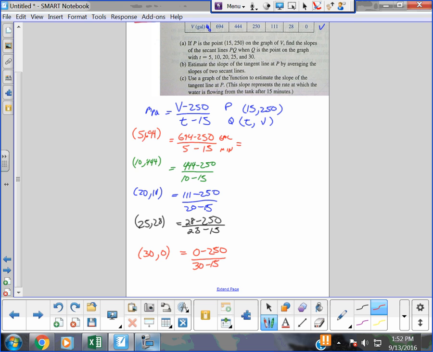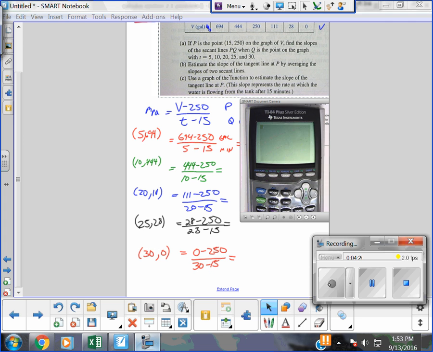And now what I should be able to do for all of these values is just grab my calculator and do some calculations. All right, so what I want to do more than anything is I just want to put this in once and then change values.